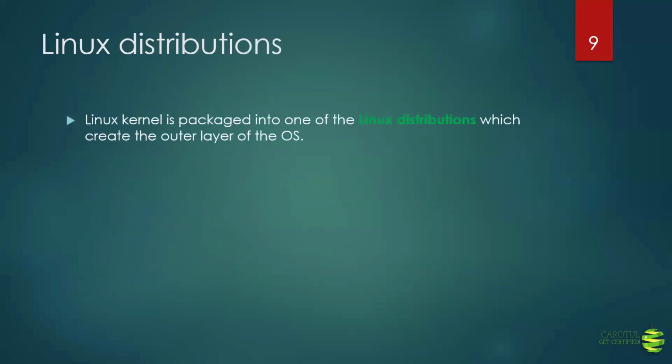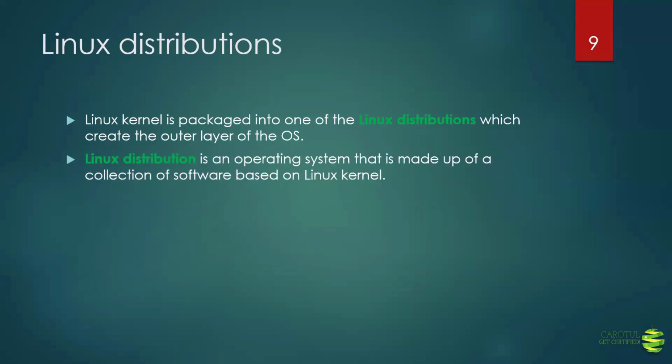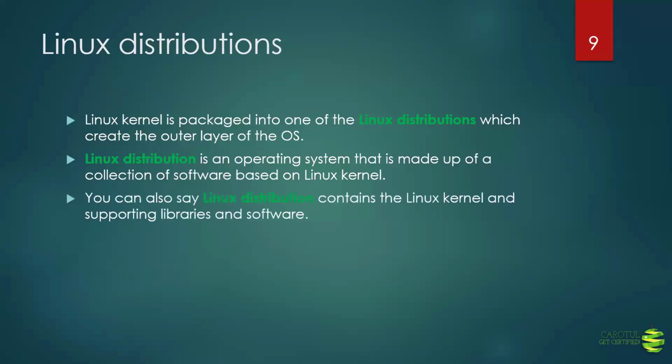The Linux kernel is packaged into one of the Linux distributions, which creates the outer layer, the shell of the operating system. This is an operating system made up of a collection of software based on the Linux kernel. So you can also say that a Linux distribution contains the Linux kernel and supporting libraries and software.